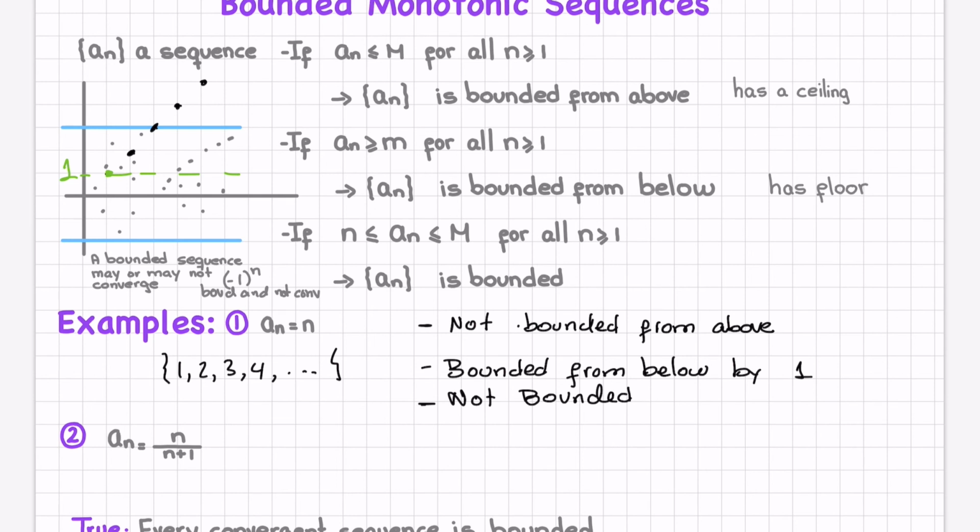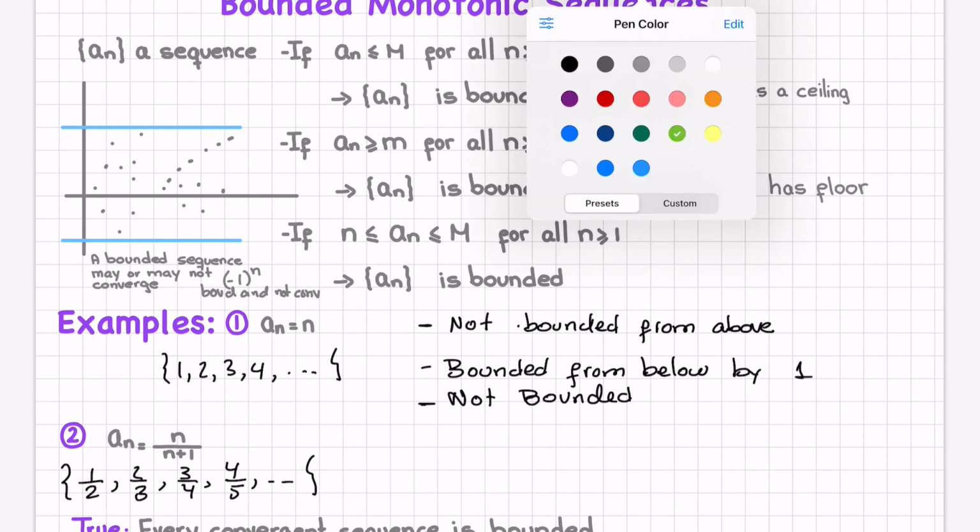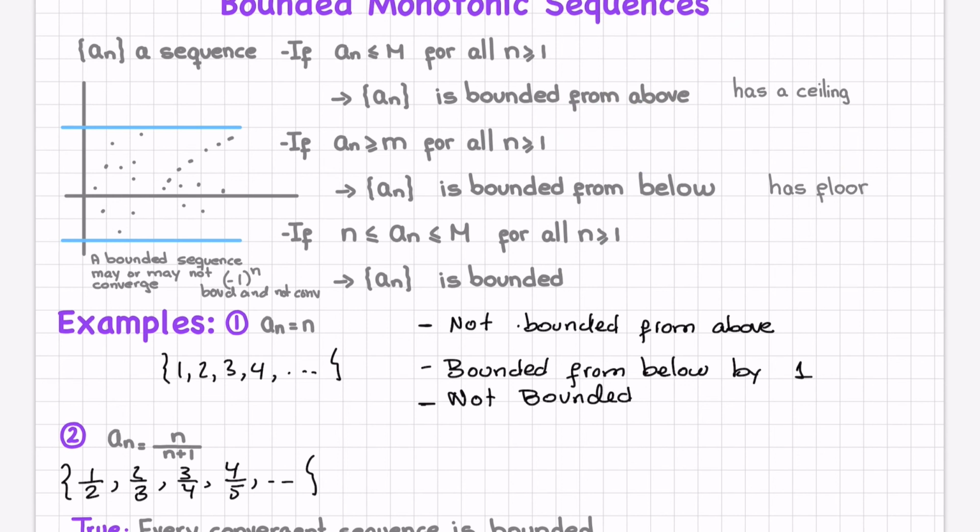Okay. What are the terms of this sequence? Next example. For n equals 1 it is 1/2, then 2/3, 3/4. You see how they're going? 4/5, and so on and so forth. So if we picture them, we have 1/2 to start with. For n equals 1 it is 1/2.